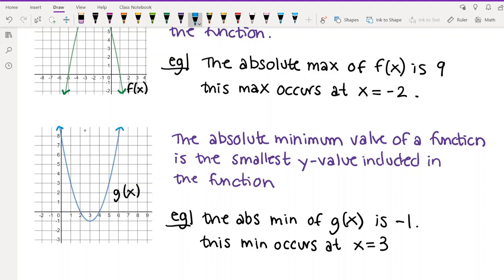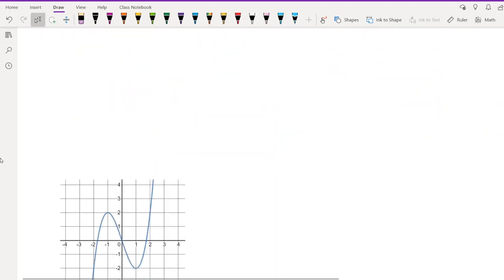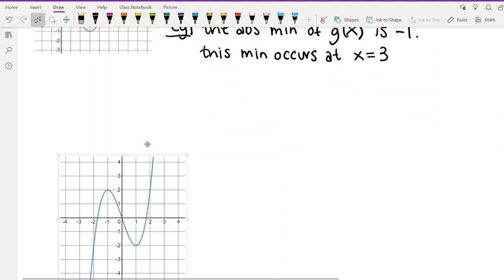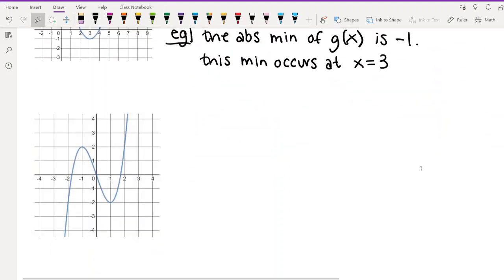So not every function has an absolute maximum or minimum. There's plenty of functions out there that, like these two, have just an absolute max, no absolute min, or just an absolute min, no absolute max. Furthermore, there are types of functions like this one that have actually neither.